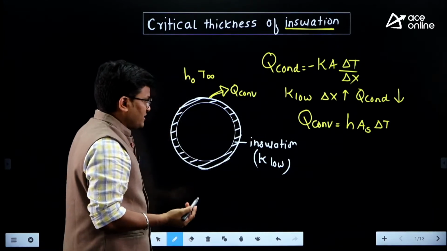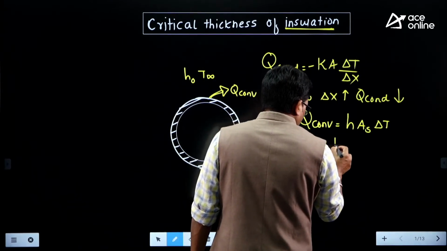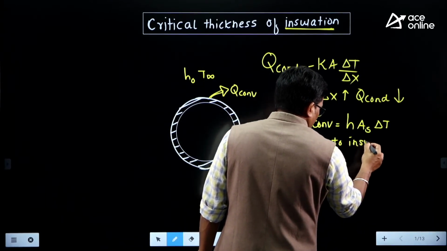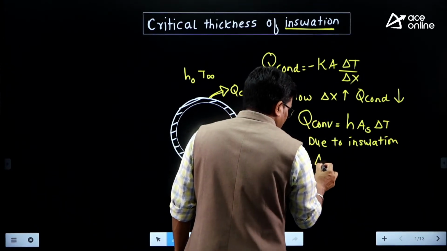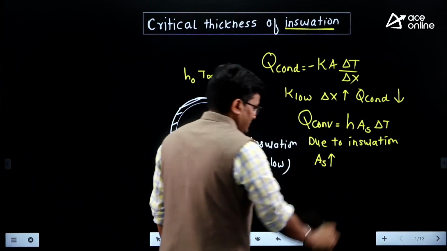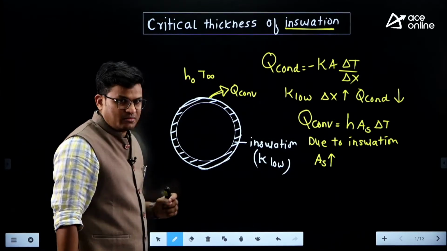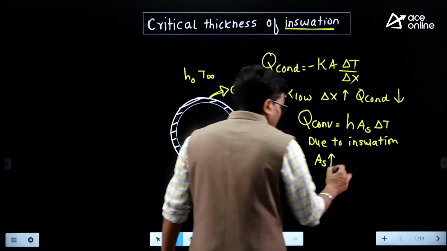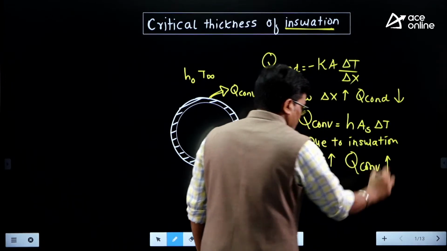Due to insulation, you can understand the surface area is increasing. Why? Because you are insulating from outside, so the surface area keeps on increasing. If surface area increases, there is a tendency of convection increasing.